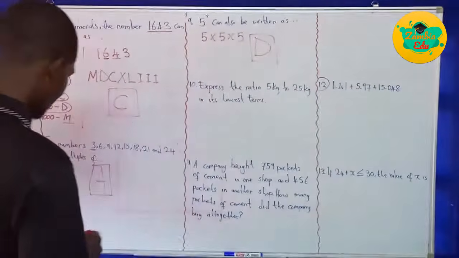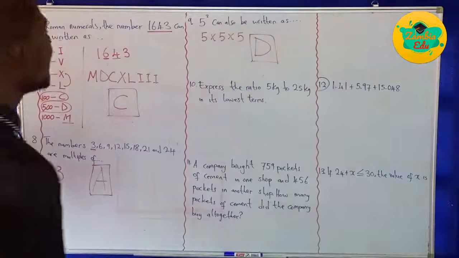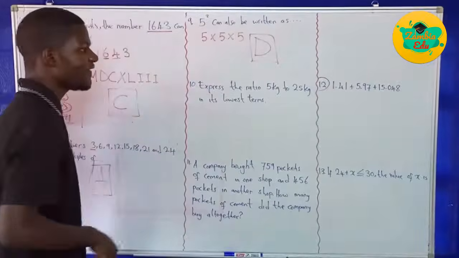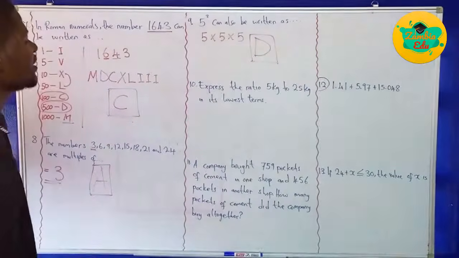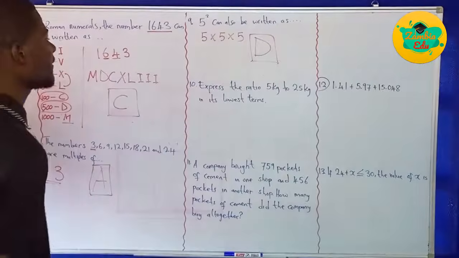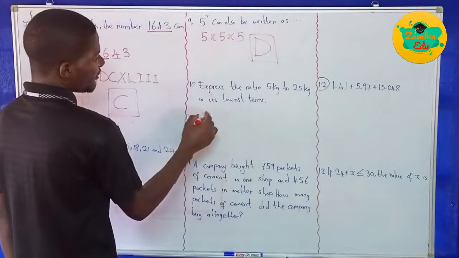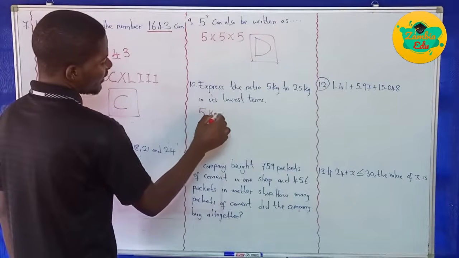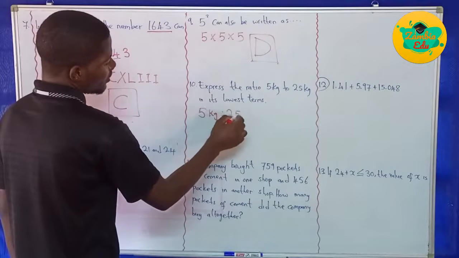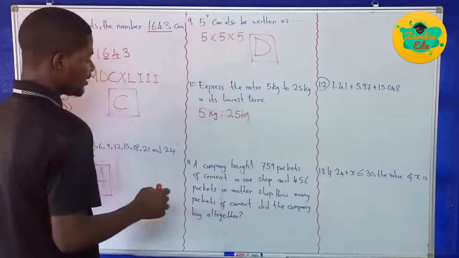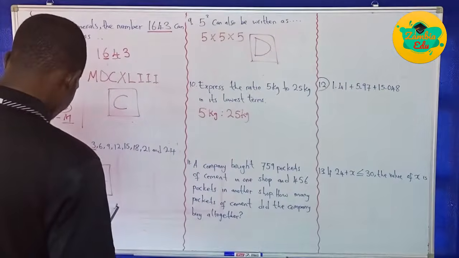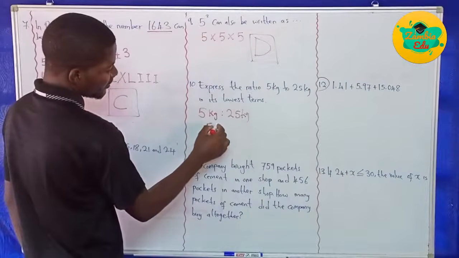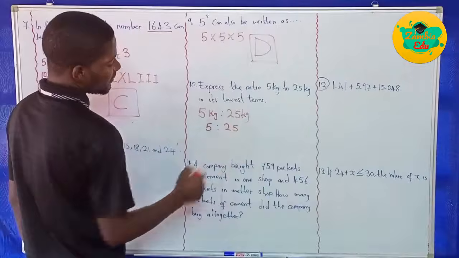We go to number 10. Number 10 says, express the ratio 5 kg to 25 kg in its simplest form. So we write something like this. We know it's 5 kg to 25 kg. So we can just do it in this way, 5 to 25.